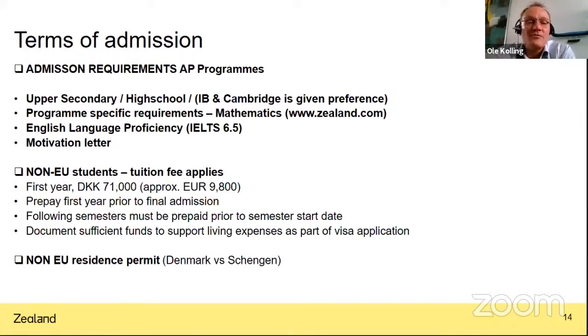Then all our programs also carry a specific program-specific requirement in terms of mathematics. And I can refer you to our webpage, sealand.com, for more details. But in general, when we give admission, certain programs require different levels of math. So for instance, the AP degree in marketing management or our AP degree in computer science, those programs require the highest level of math.